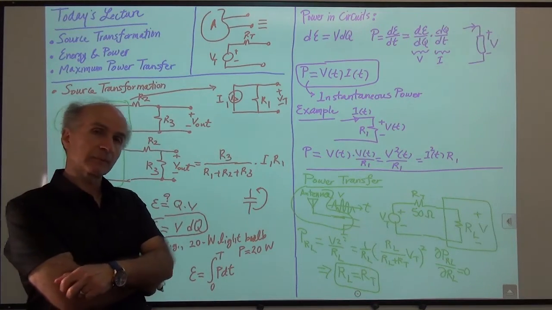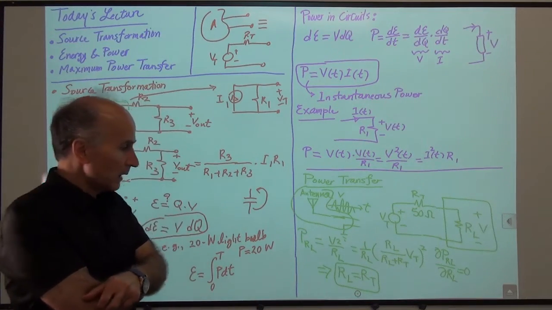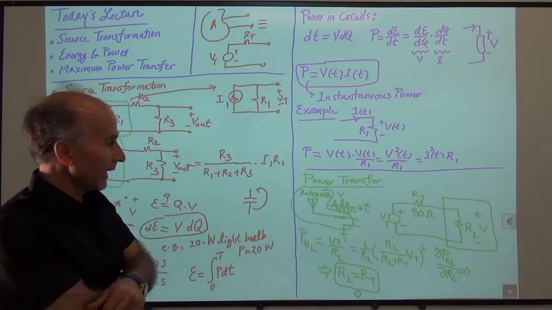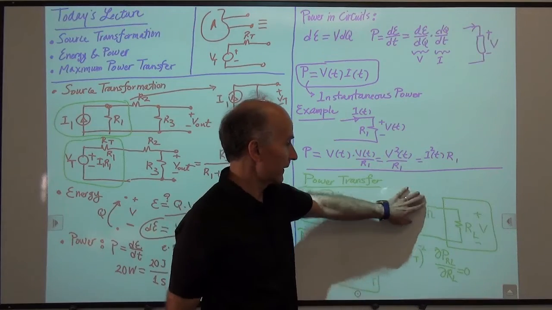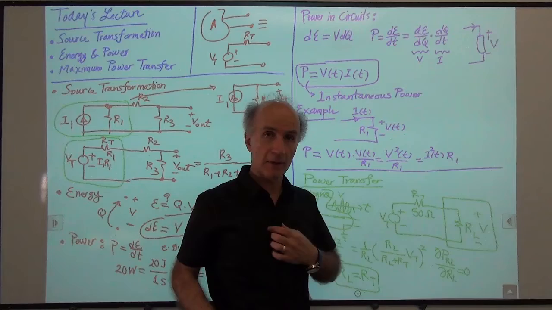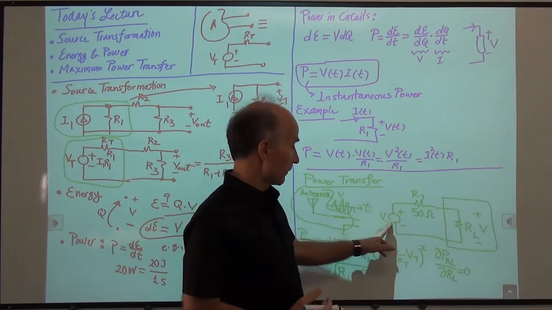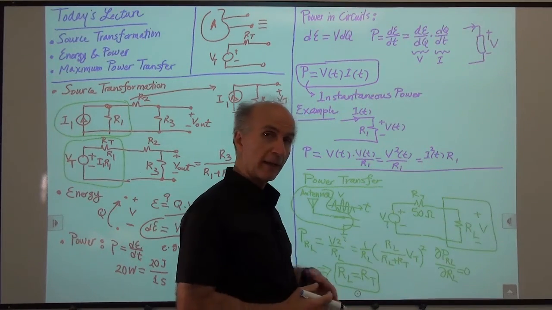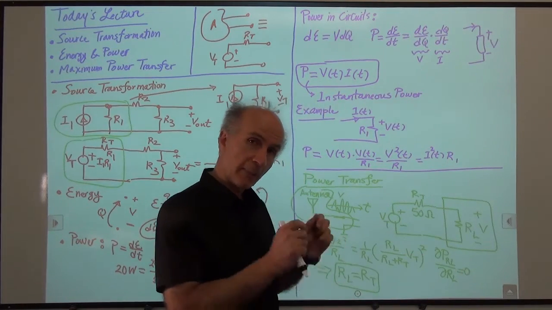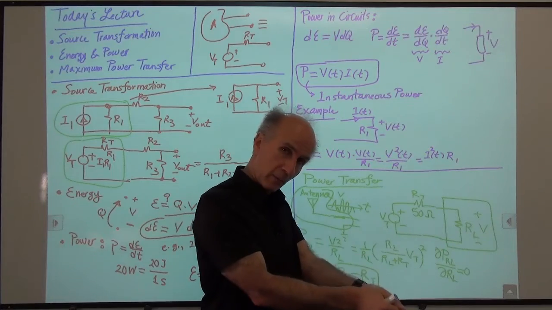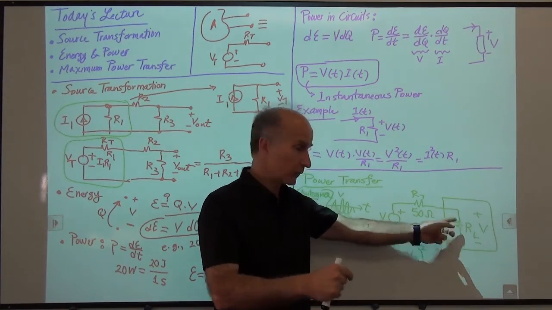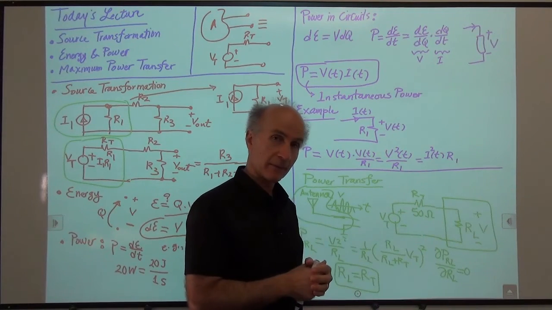All right? Okay, so that is a very interesting and beautiful result. It says that if I have some circuit that can be modeled by a Thevenin equivalent, it could be an antenna, it could be anything, it could be this microphone here, anything that can be modeled by a Thevenin equivalent, and this has to drive a load, a resistance, RL, then the power delivered to that load is maximized when the load resistance is equal to the Thevenin resistance.